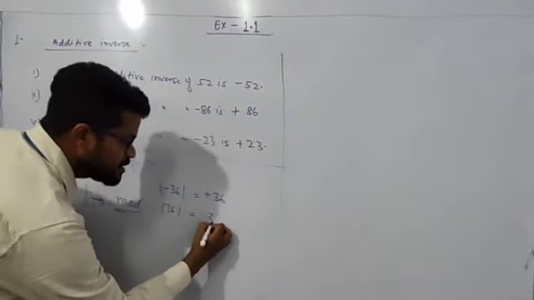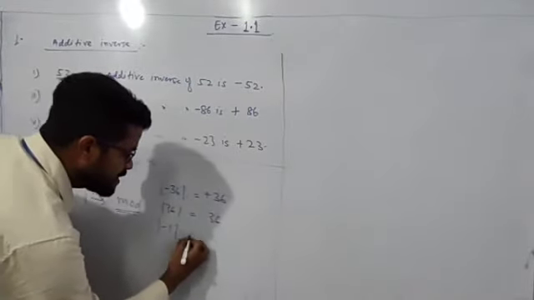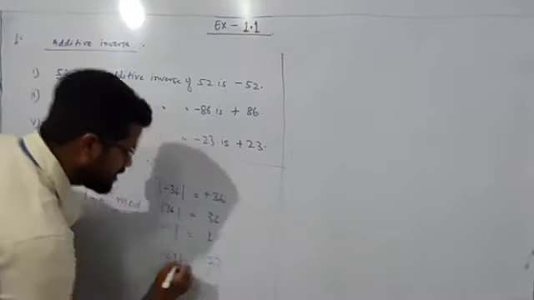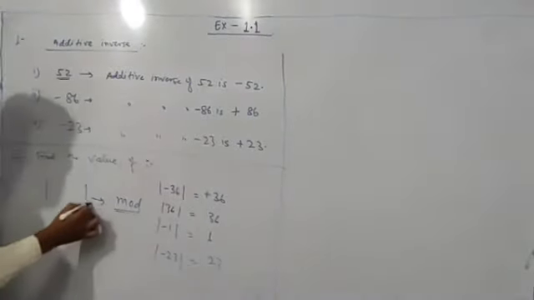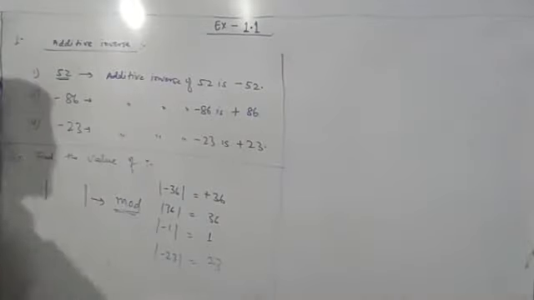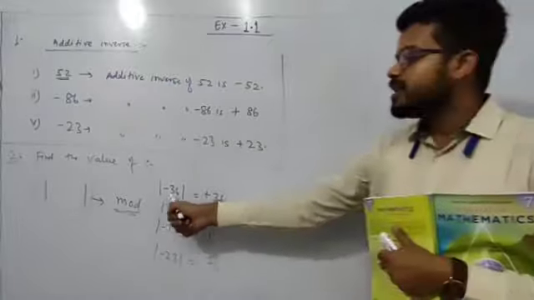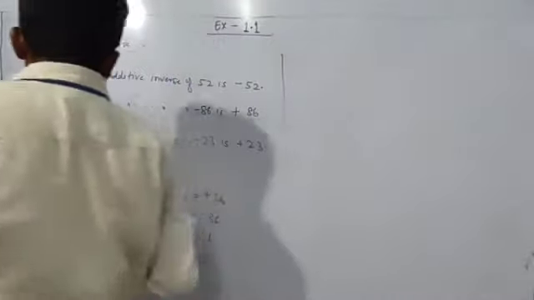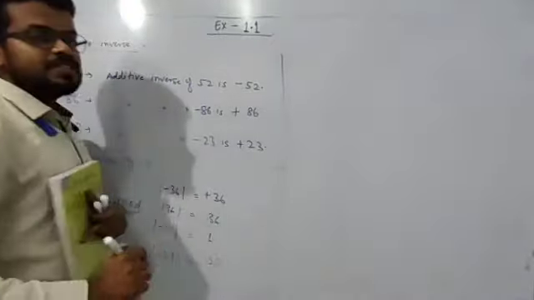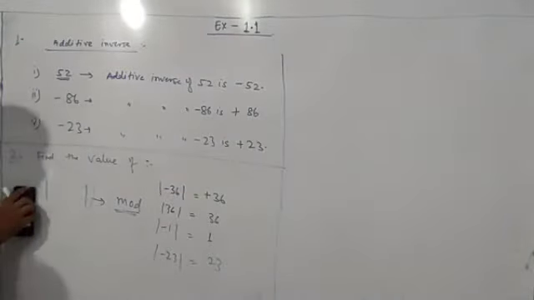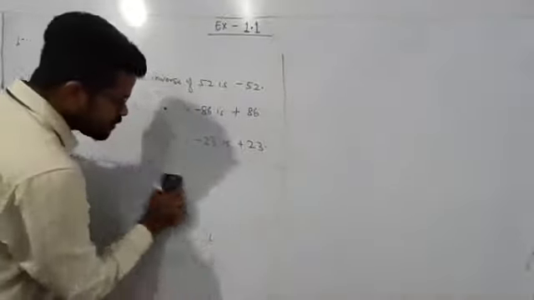Minus 36 gives plus 36, minus 1 gives 1, minus 23 gives 23. So this is known as mod, and whatever the value in the mod box, when it comes out, it is always positive. The next question is related to this sign.